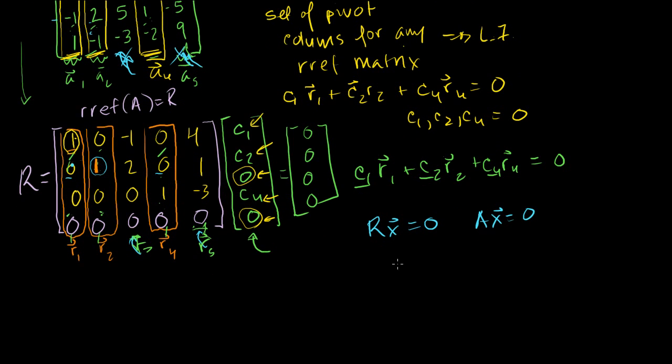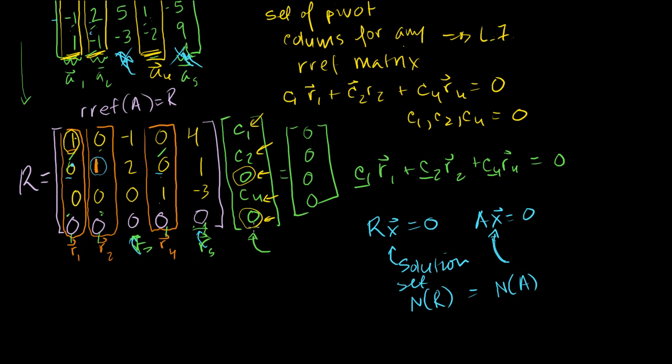Well, the solution set of this is just the null space of R. It's all of the x that satisfy this equation. And we know that that is equal to the null space of A, because R is just A in reduced row echelon form. So the null space of A is all of the x's that satisfy this equation.